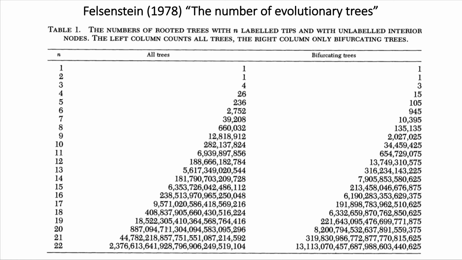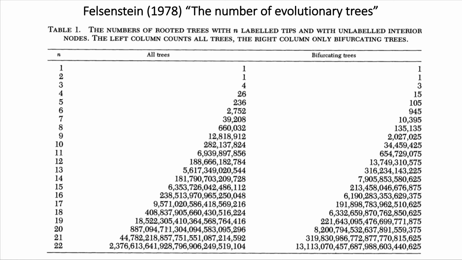Typically, people want to study language families with up to 1400 languages, which is Atlantic Congo. This is a graph that Felsenstein created. It's the number of rooted trees with n-labeled tips and with unlabeled interior nodes.